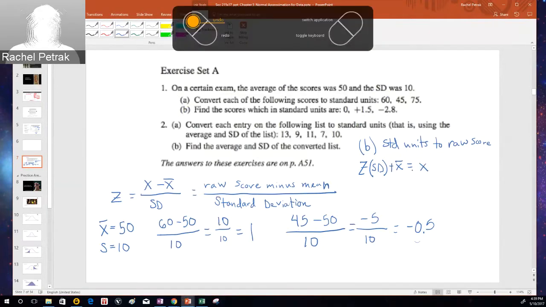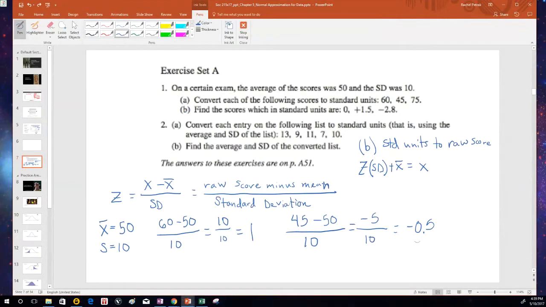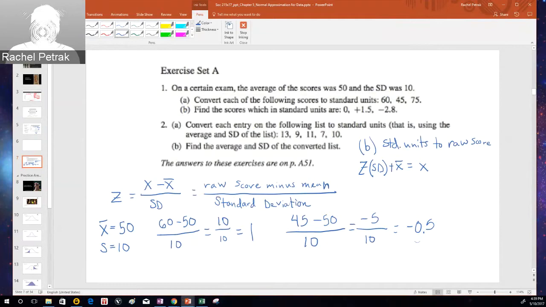Whoops. And you could prove this algebraically, but I'm not going to worry about that.